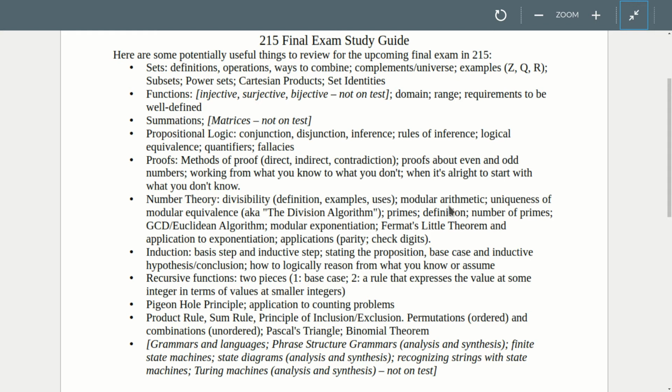Grammars and languages, we went through all of that, but we didn't have a homework on it because it was the last week, so I won't ask you about those. If there's no questions, I'm just going to run through this from the start and talk about it.